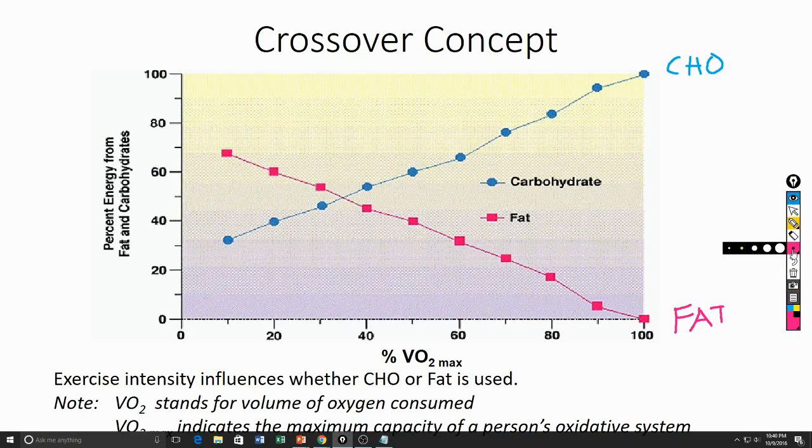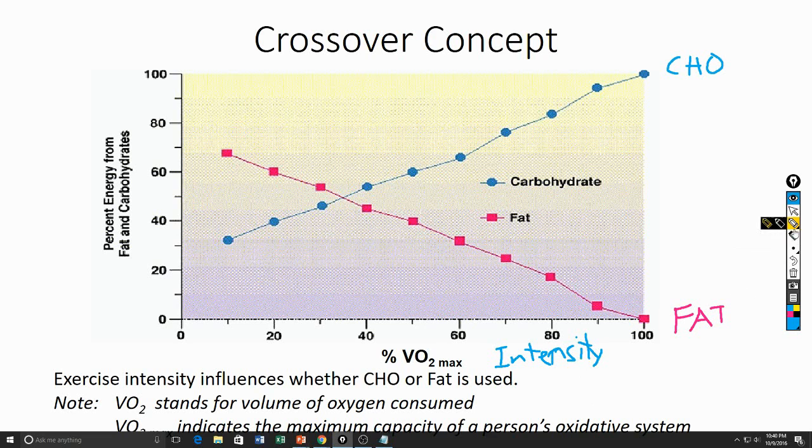And then on our x-axis down here, we have percentage of VO2 max. All right. So a different way that we could say this is, instead of saying percentage of VO2 max, we could say intensity. Okay. Because if I'm working at a certain percentage of my VO2 max, then I'm working at a specific intensity.